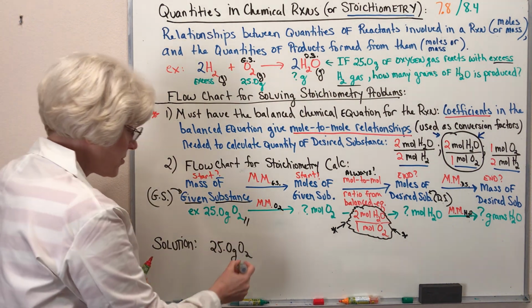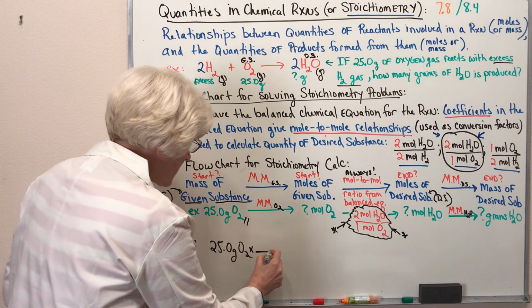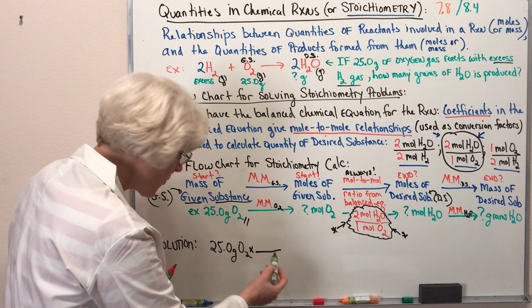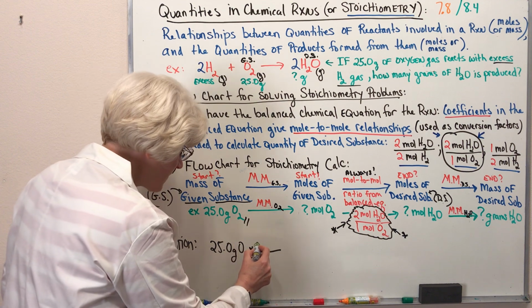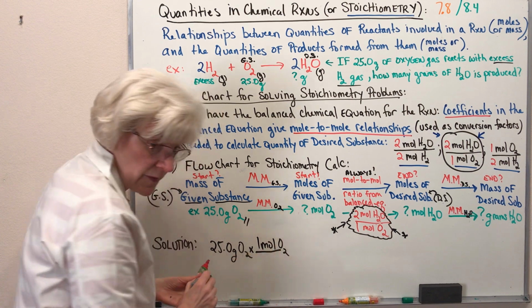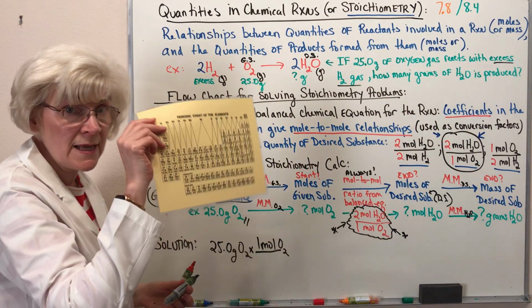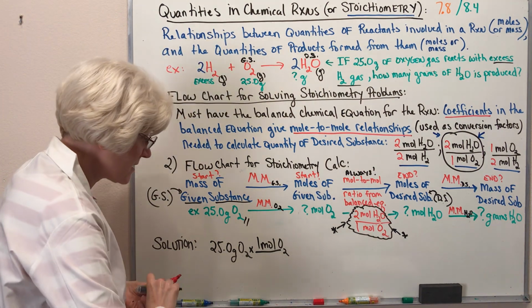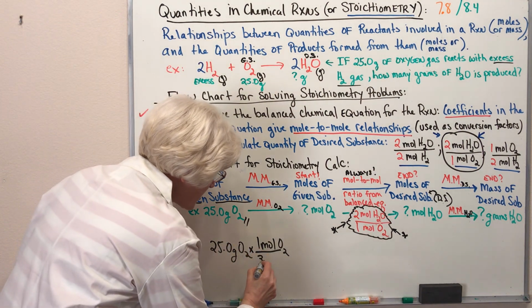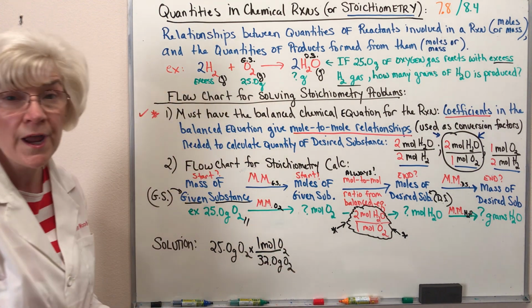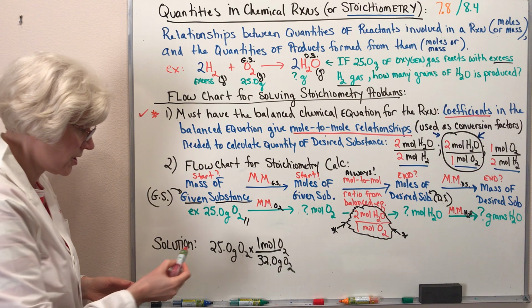I see there are 2 oxygen atoms in 1 molecule of oxygen, or 2 moles of oxygen in 1 mole of diatomic oxygen. So I'm going to write here, using the periodic table, the molar mass of oxygen, which is 16. 2 times 16 is 32 grams of oxygen for every 1 mole of oxygen.